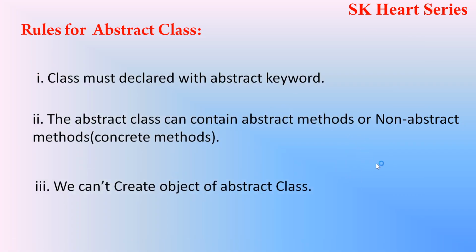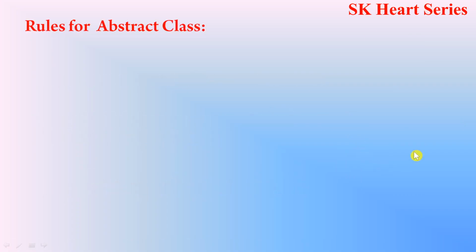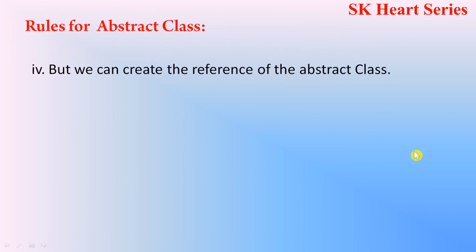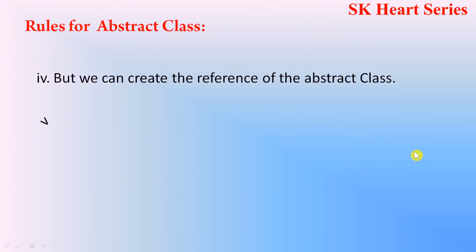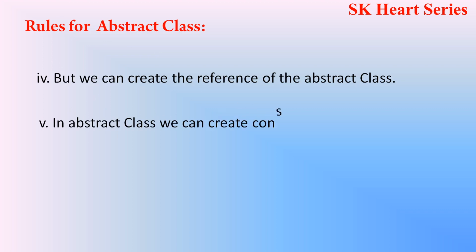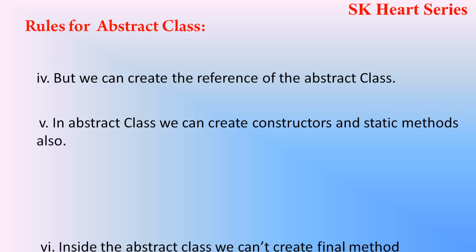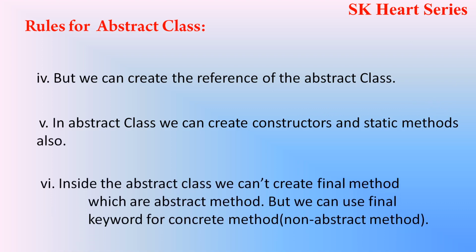We will move towards the rules for abstraction. The fourth rule is we can create a reference of the abstract class. In the third rule we have seen we can't create an object of an abstract class, but the fourth rule is we can create a reference of the abstract class.